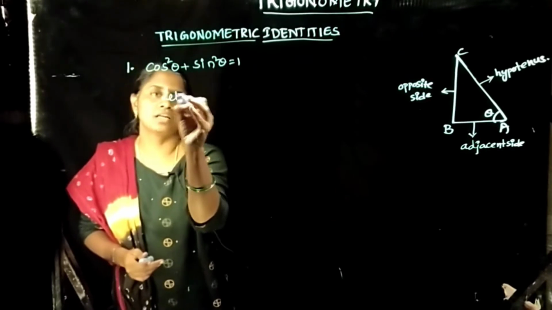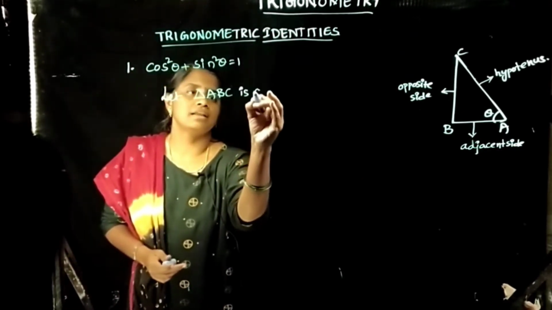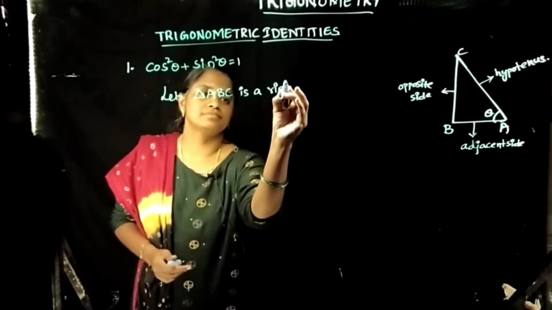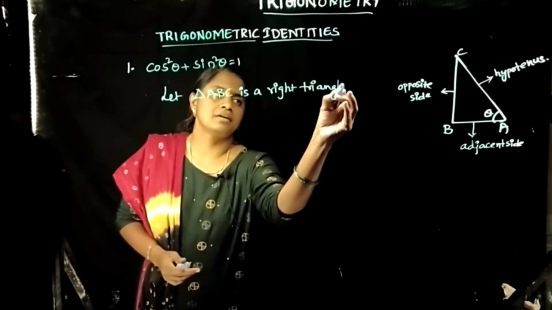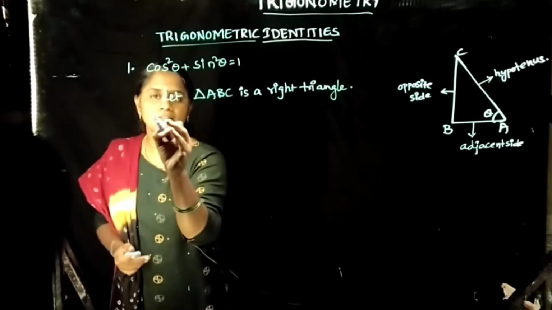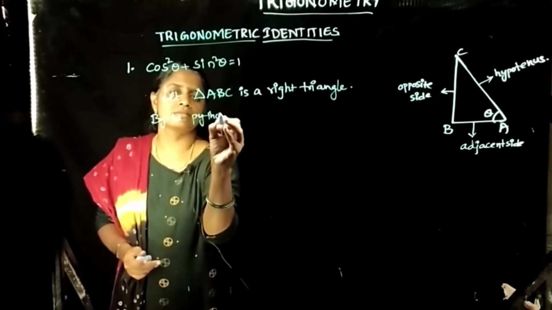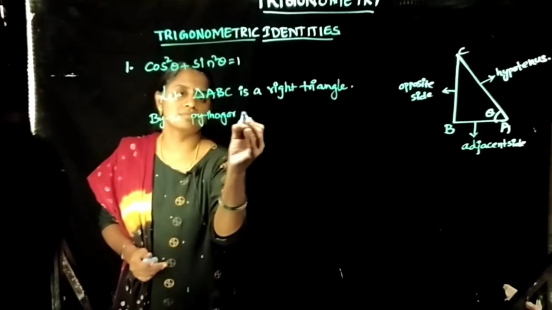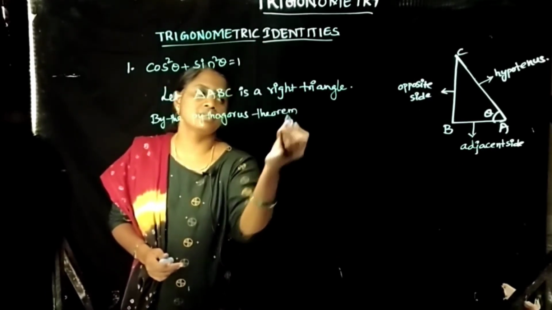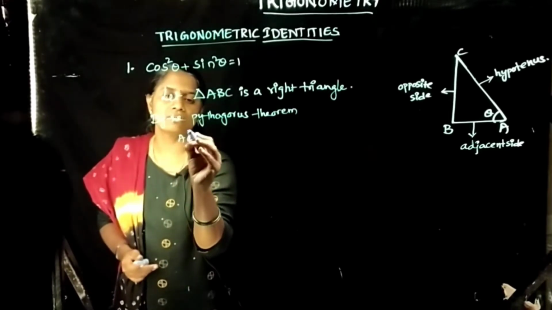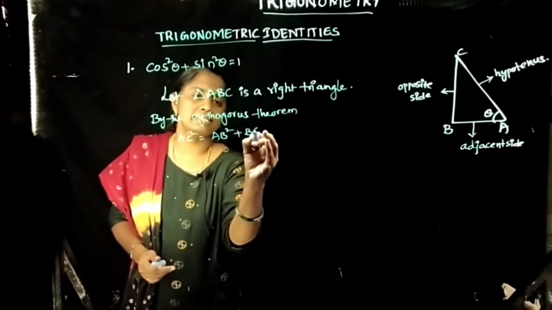Let triangle ABC be a right triangle. By the Pythagoras theorem, AC square is equal to AB square plus BC square.